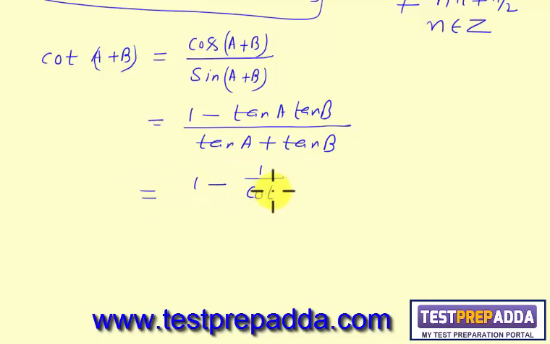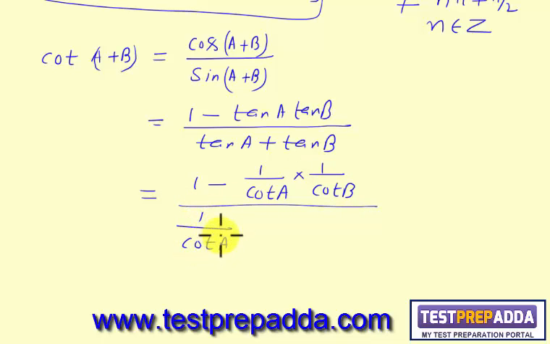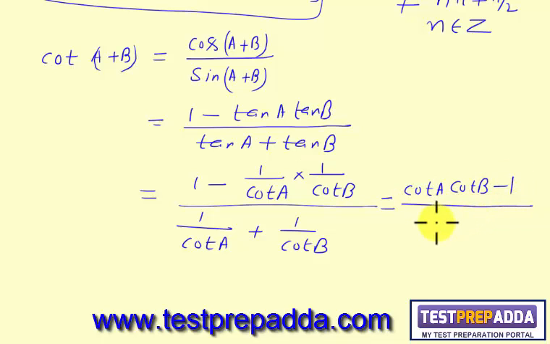I will write here. So if you solve, it comes as cot A cot B minus 1 upon cot A plus cot B.